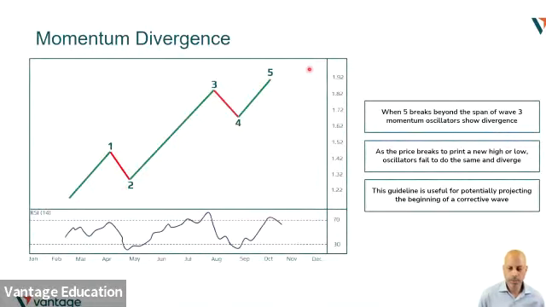When you compare it with a momentum indicator such as RSI, we can use the RSI indicator to help us identify divergence in price, right? So when you're looking for divergence, what it means is that although price is rising higher, you can actually see the momentum indicator dropping lower, right?